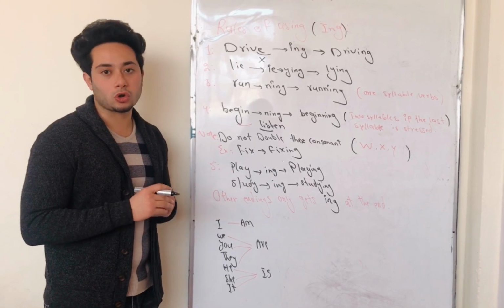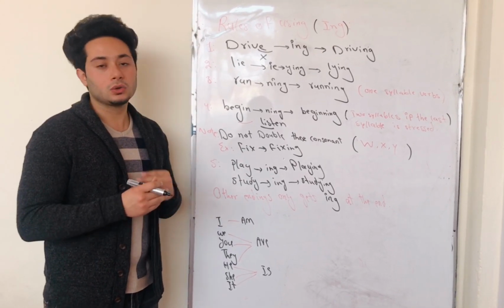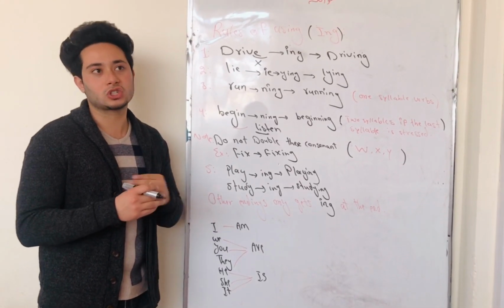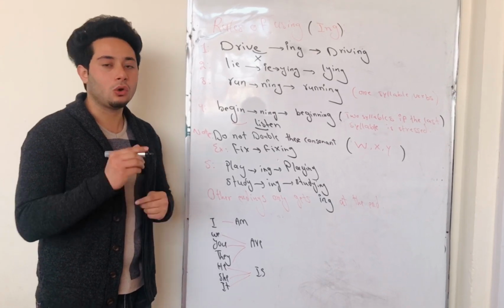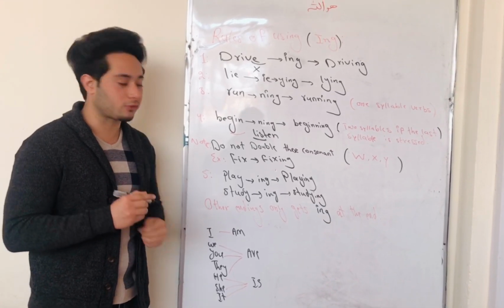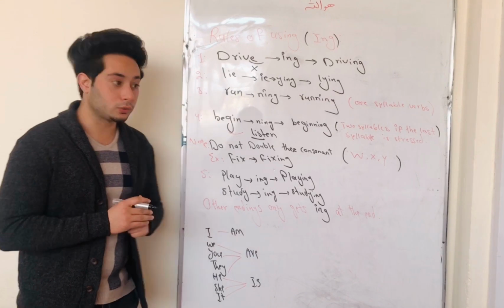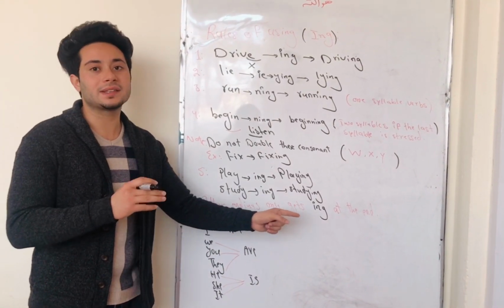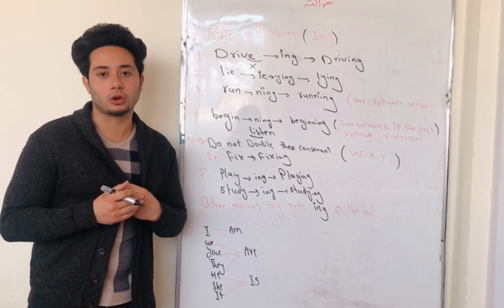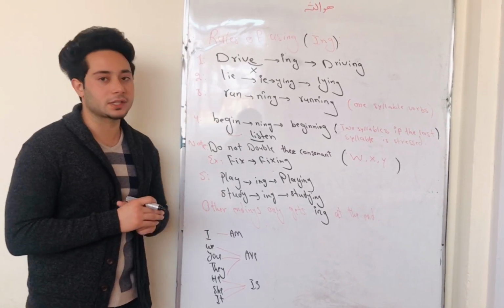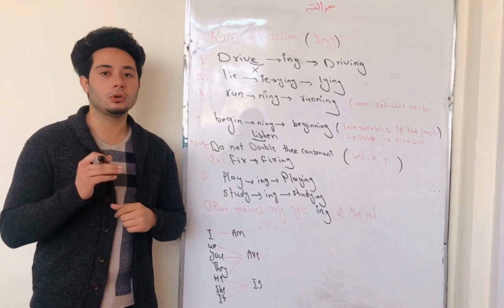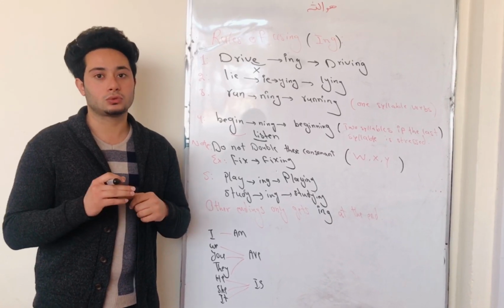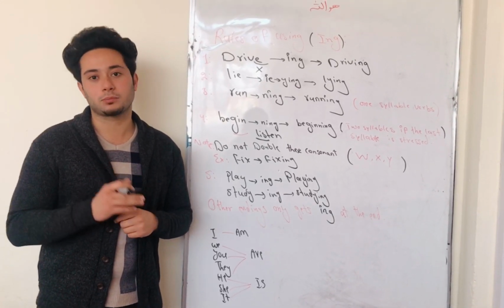And when verbs end with consonant plus y, there's no rule of changing the y to any other letters, only add an ing at the end of your verbs. For example, study, studying. Also, I want to mention that other endings only get an ing. It means there are lots of verbs that are not ending with these letters, and you only need to add an ing to change the form of the verb to present participle form.